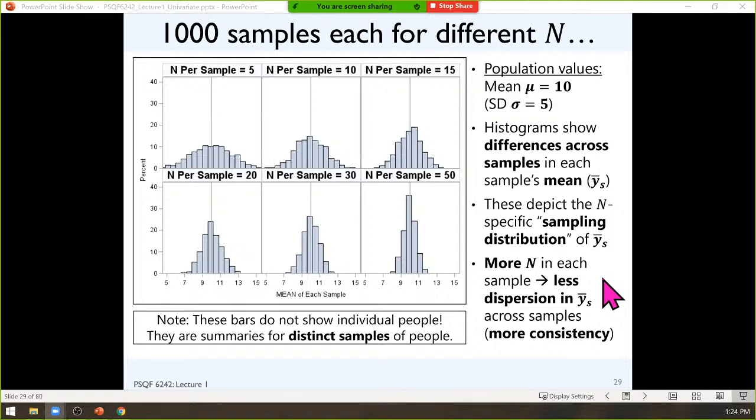So for any one sample, say of 10 people, I can get my sample mean, I can get the sample's variance, which is in a squared metric. If I unsquare it, then we get the standard deviation, and the standard deviation is how far off any one person is from the sample mean. So person within a sample is where we're at.